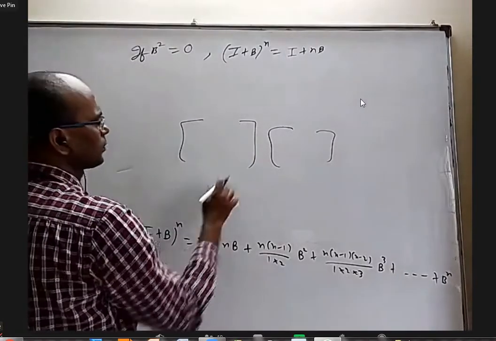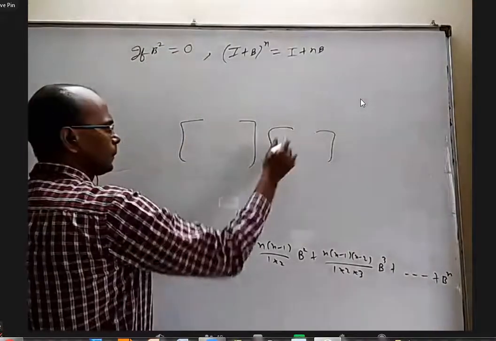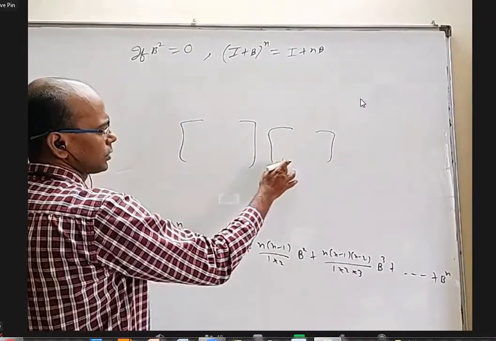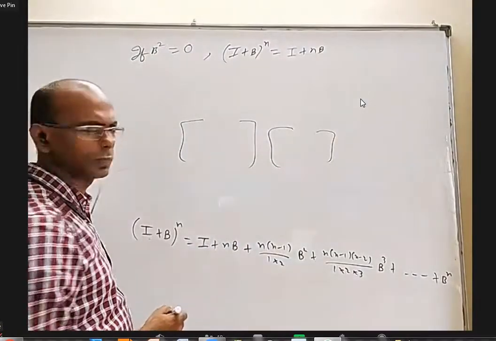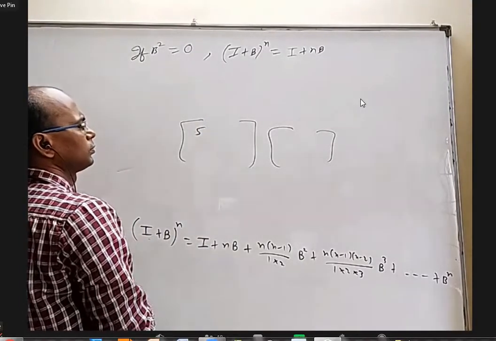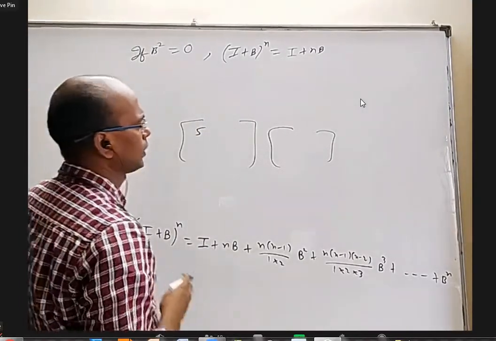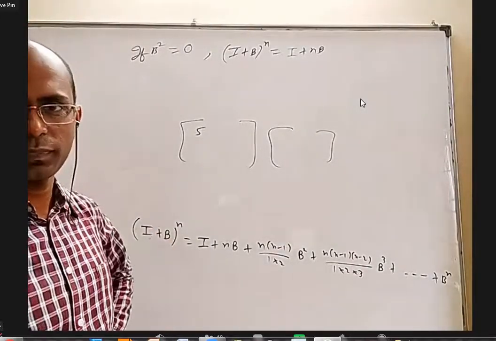Let me try to write. I want this sum to be 0 here. In the first matrix, the first element, you take some number. That's 0. But they should be the same now. It is not just AB being a null matrix, A square is a null matrix.